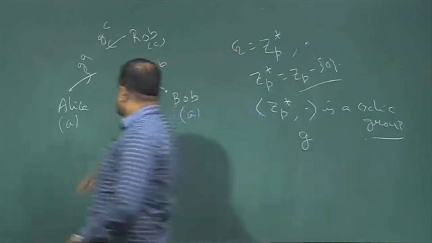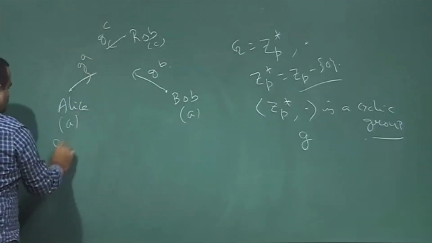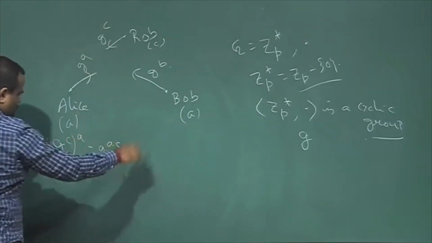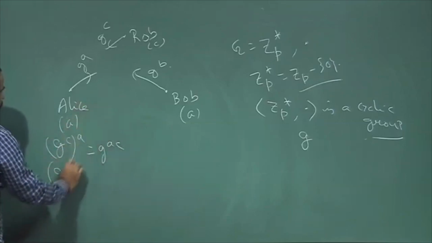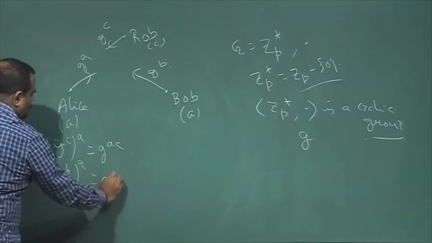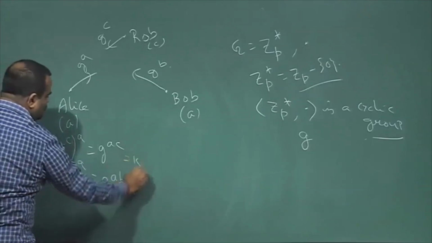Say Alice receives g to the power c, so Alice computes g to the power c to the power a, which is g to the power ac, mod p obviously. And Alice receives g to the power b from Bob, so g to the power b to the power a, which is g to the power ab. Basically this is k1, this is k2.